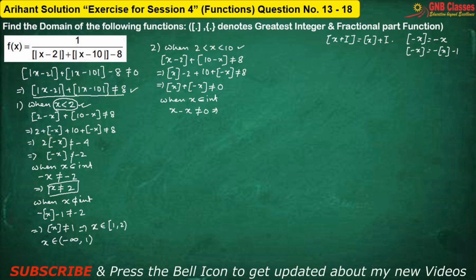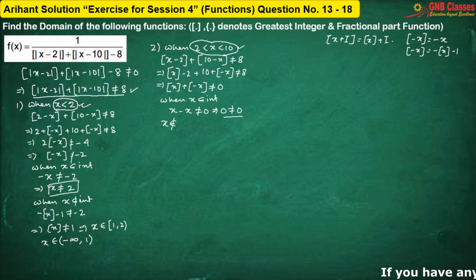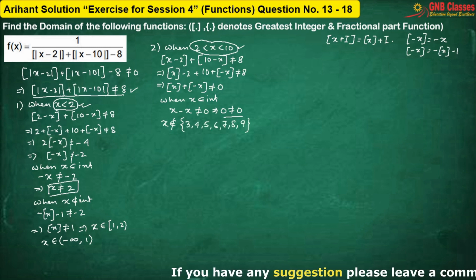So 0 is not equals to 0, which is not true. Is it clear? Therefore, in this range, x cannot take any integers. That is, x should not take the integers. Is it clear to all of you?